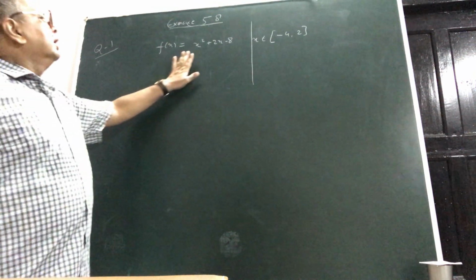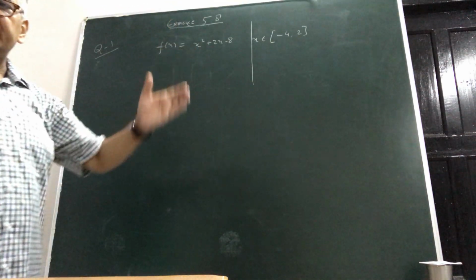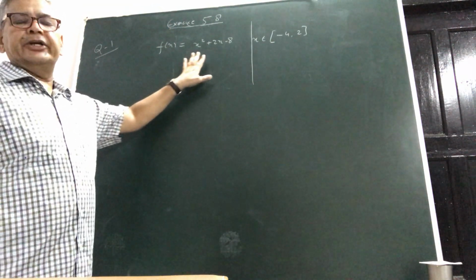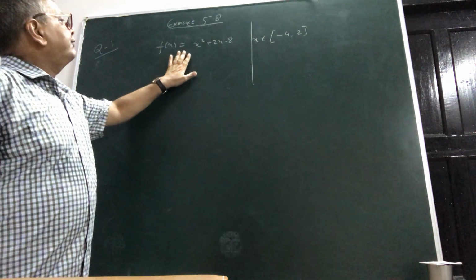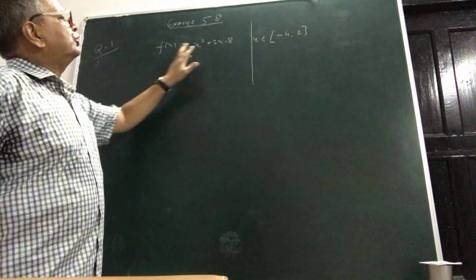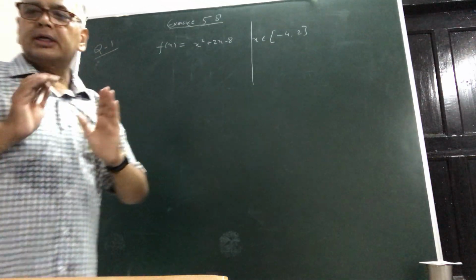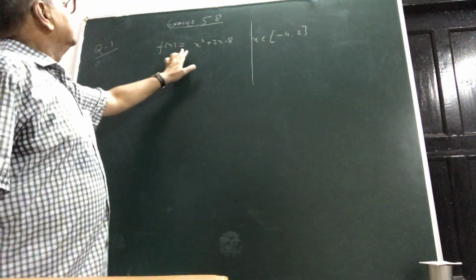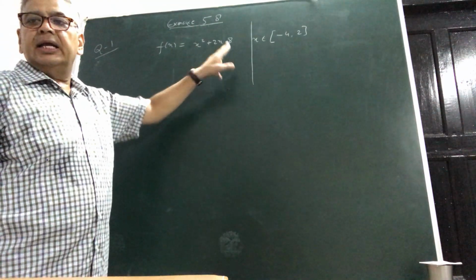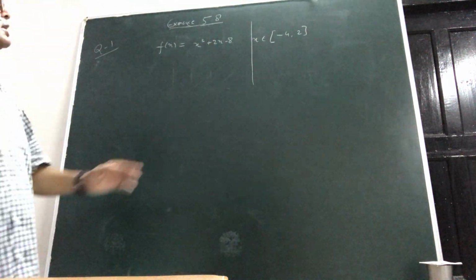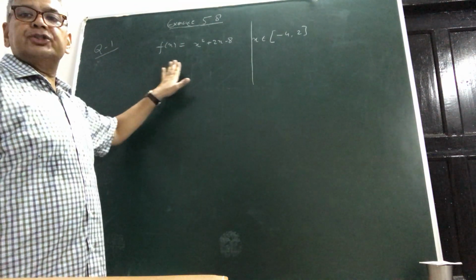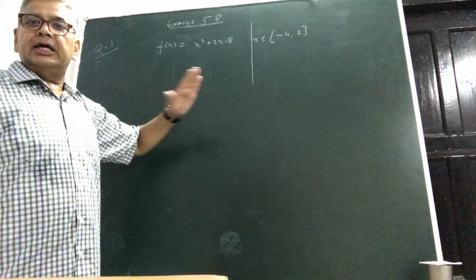Now see, first let us see whether the conditions of Rolle's theorem are holding true here or not. The first condition is that the function should be continuous in the closed interval minus 4 to 2. This function is a polynomial, and we have already learned that a polynomial is continuous throughout its domain.